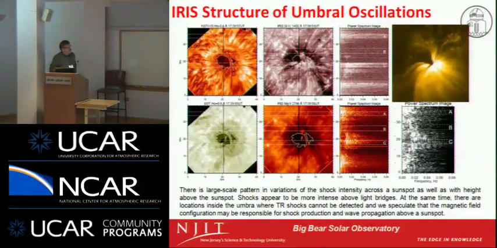What is interesting is that we start from here. At a certain point in the middle of the umbra, essentially no oscillations are registered in the transition region. As you see, the power spectrum is very weak, or compared to that part is non-existent. At the same time, when you look at the magnesium line and the chromospheric line, we see that the power and intensity of those oscillations doesn't really differ or change too much across the umbra and penumbra.